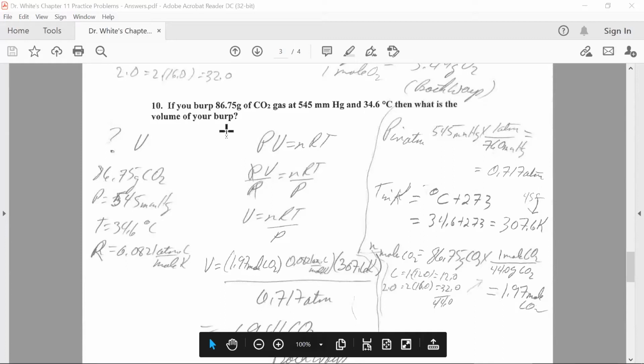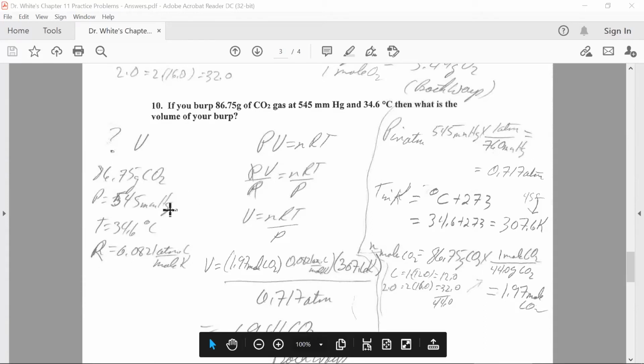Well, first of all, if you see something dealing with gas and you have a weight, a pressure, a temperature, or a volume, 3 or 4 things, nothing's changing, immediately you know that's PV equal nRT. Now, what are you being asked to find? The volume of your burp, V. What are you given? The weight of the carbon dioxide you burped.